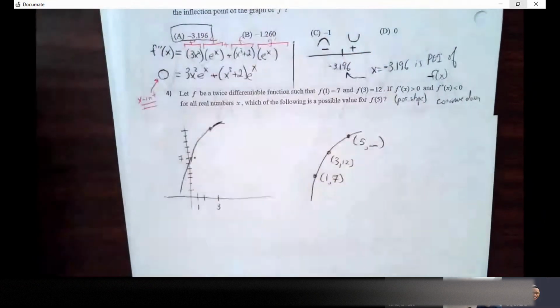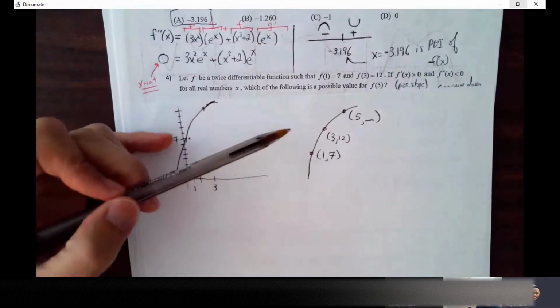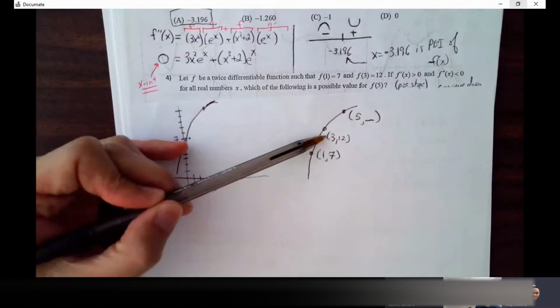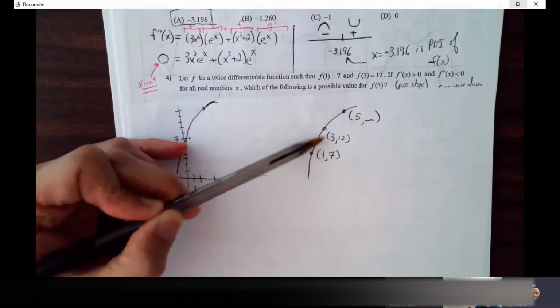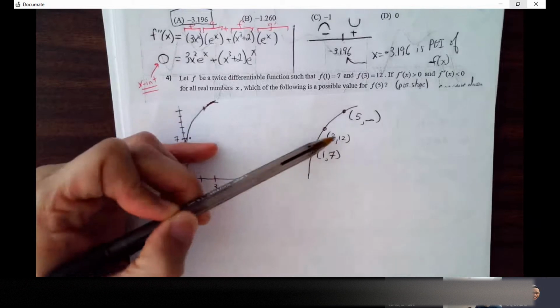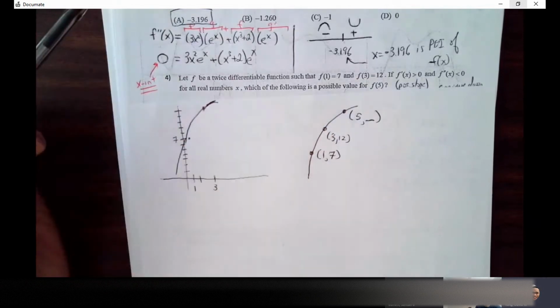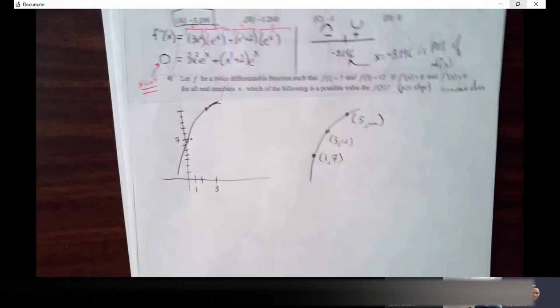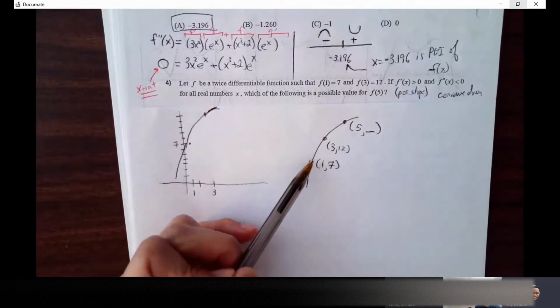Basically, that's what we're trying to achieve. We do know that each of these slopes should be positive, right? So the slope between these 2 points has to be positive, and the slope between these two has to be positive because it's always going to maintain that positive slope all the way through.